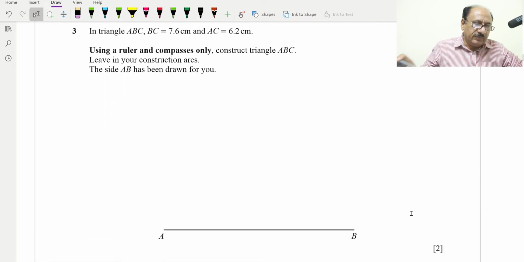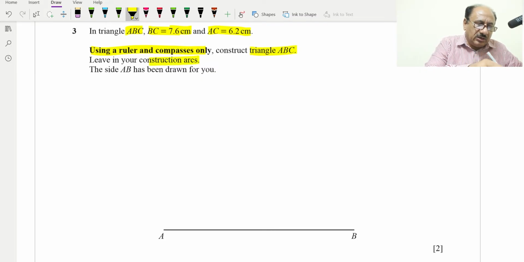Question number 3. In triangle ABC, BC is equal to 7.6 and AC is equal to 6.2 centimeters. Using a ruler and compasses only, construct the triangle ABC. Leave in your construction arcs.